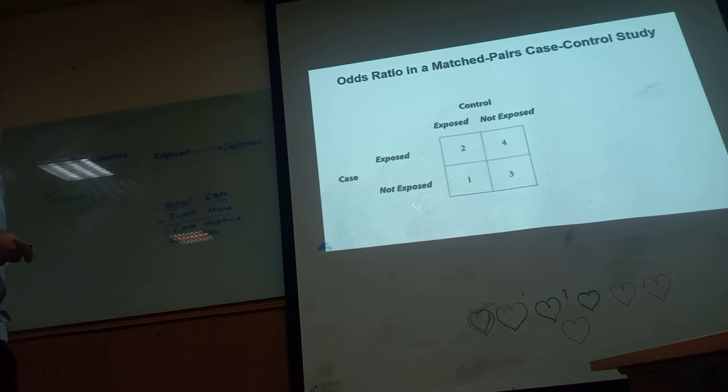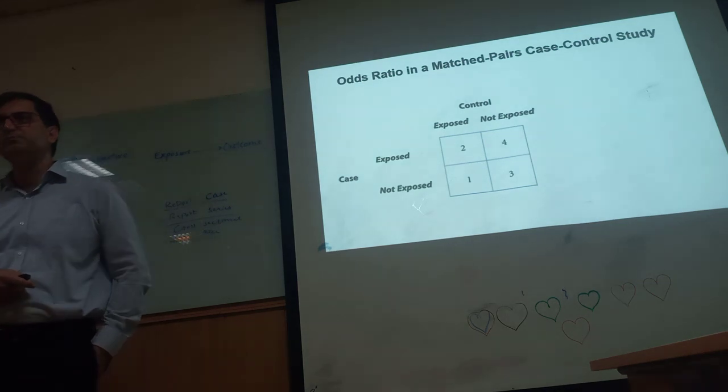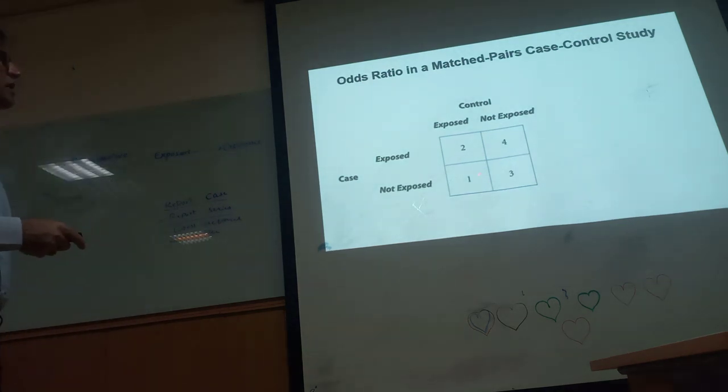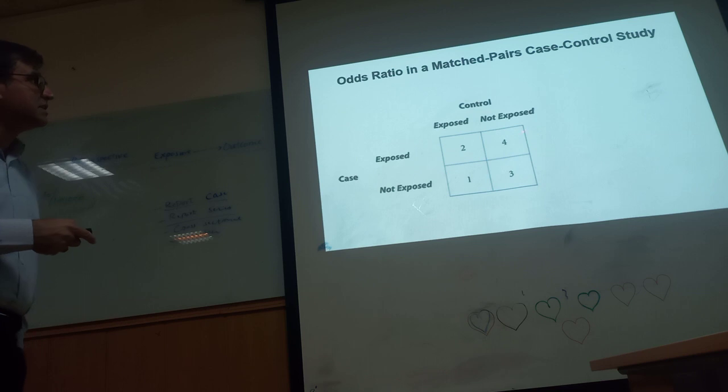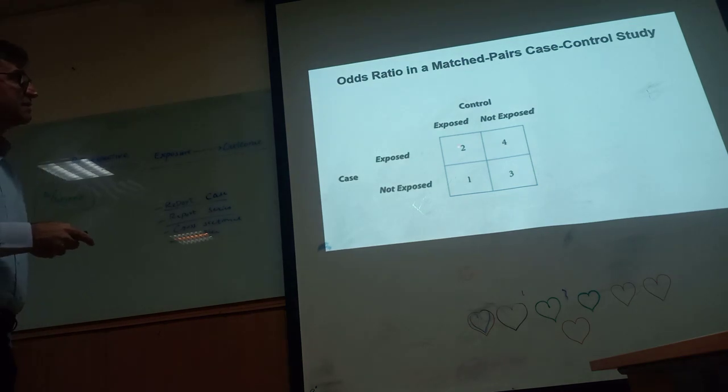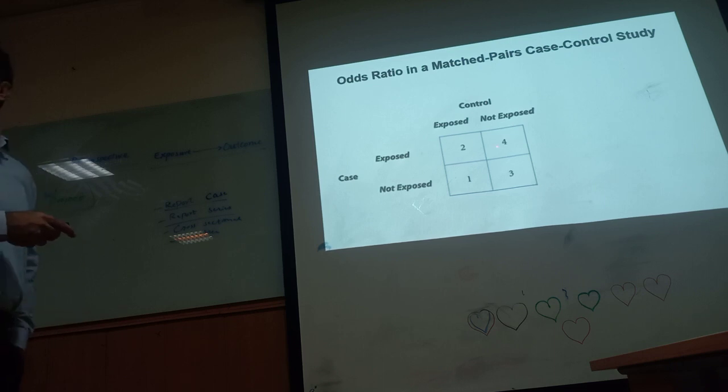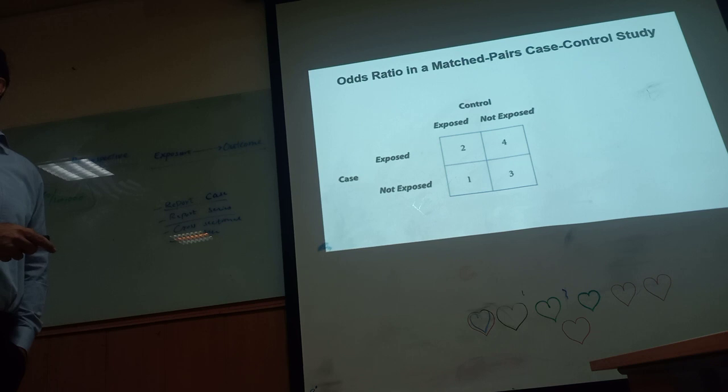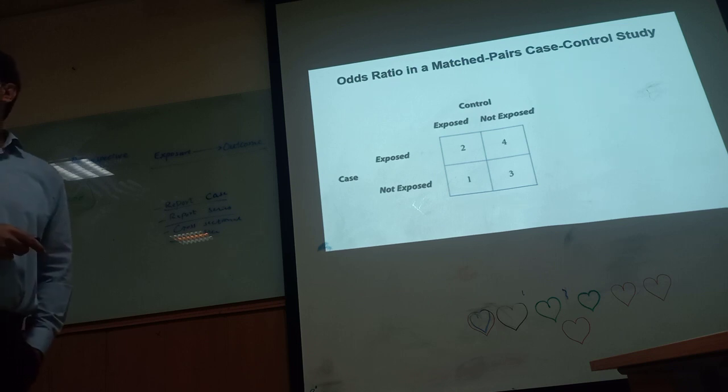So how can we calculate the odds ratio? These are neutral. These pairs do not have anything to say. But in those pairs where the case is exposed but the control is not exposed, it is in favor of our hypothesis.